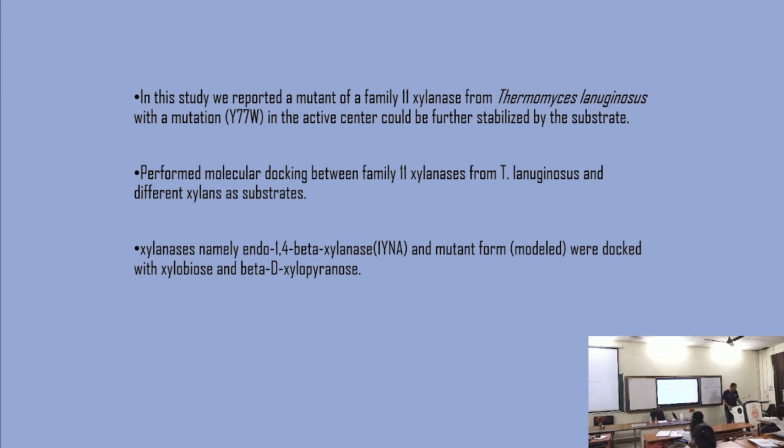How we came up with this idea is that during the wet lab study, we noticed that the xylanase we are working on is not very useful for the pulp and paper industry. So how to improve its capability, substrate binding capacity and all that. Along with that, we also noticed that the xylanase we are working on is better suited for the biofuel industry.